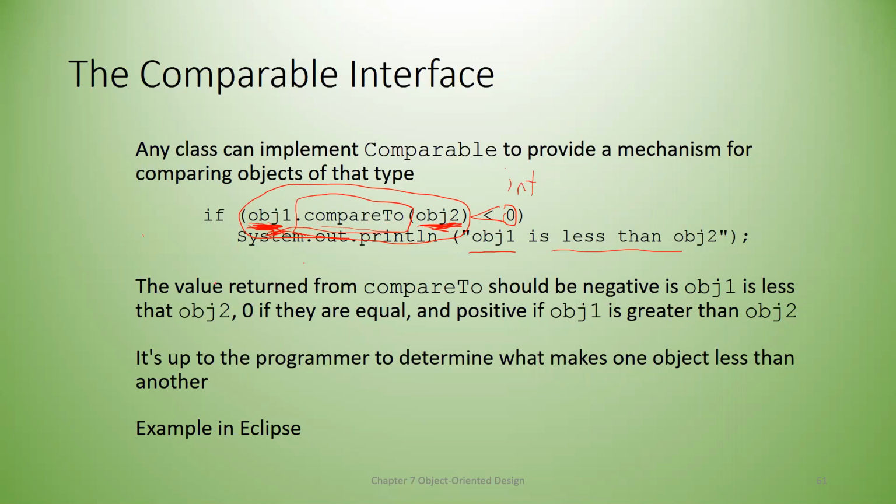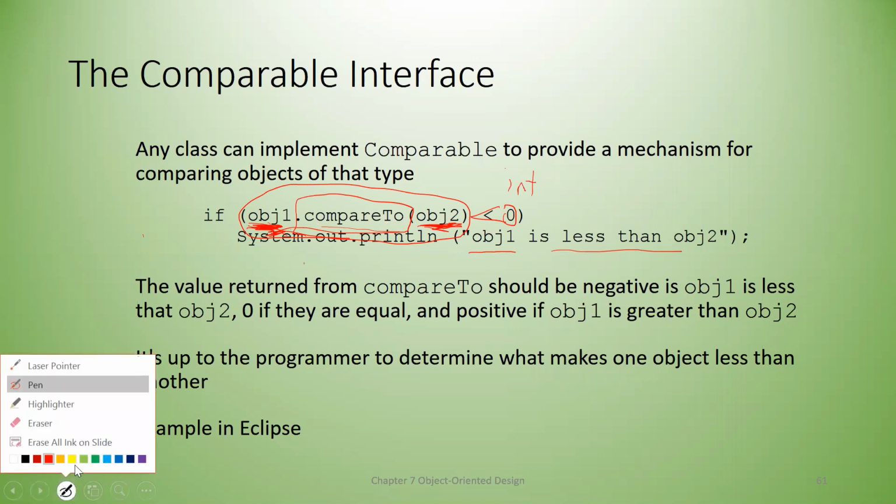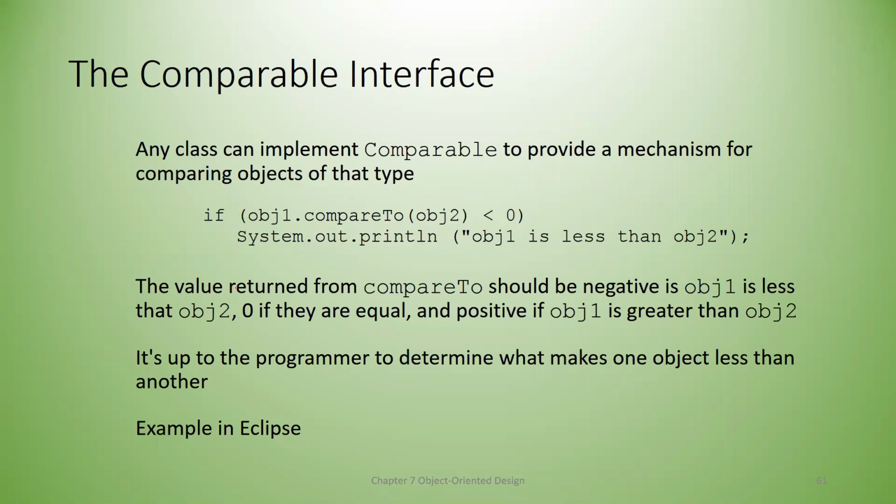That's how the compareTo method is used. The value returned from compareTo should be negative if object 1 is less than object 2, 0 if they are equal, and positive if this is greater than this. So if it is 0, then that means the two are equal.